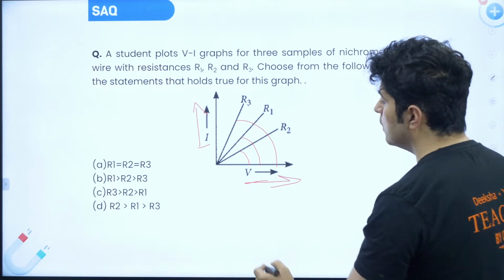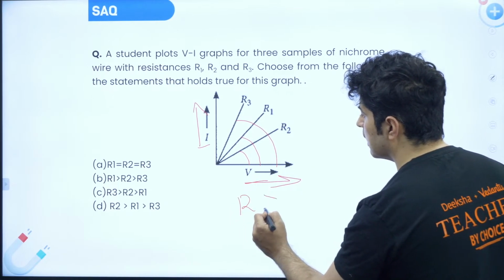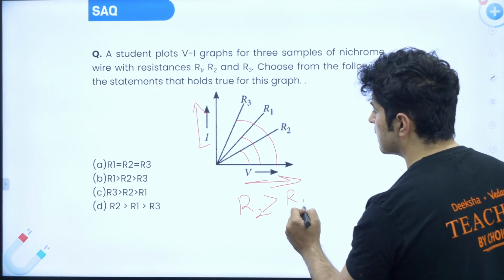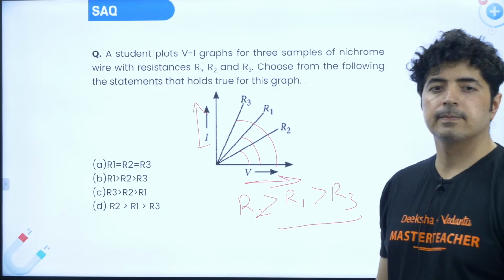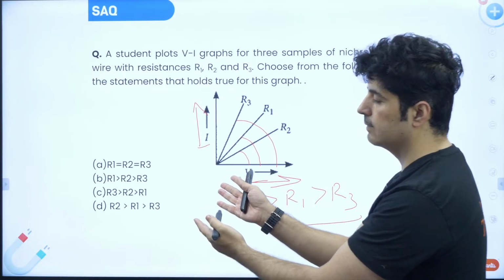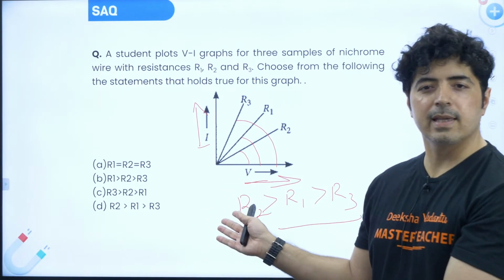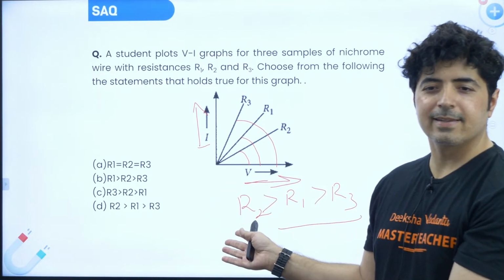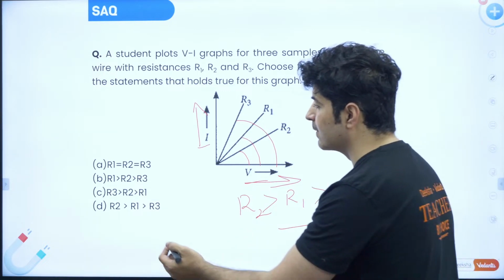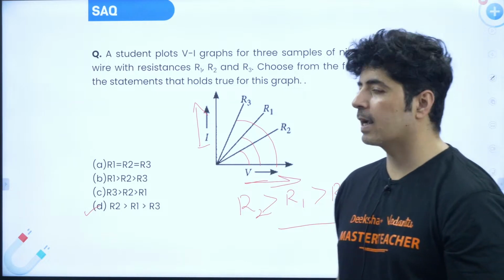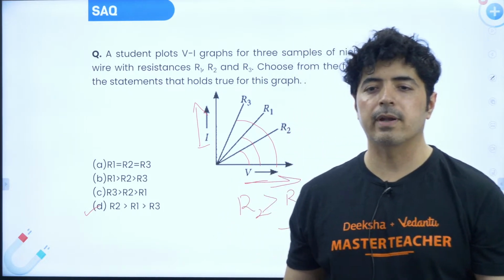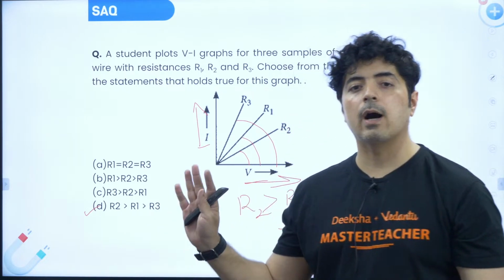So R2 is greater than R1 is greater than R3. So which answer matches that? Easy, isn't it? Very easy, no? Yes, absolutely correct. Those who answered D are absolutely right. I can see people writing answer D. Very good. Those who do not know, now you know.